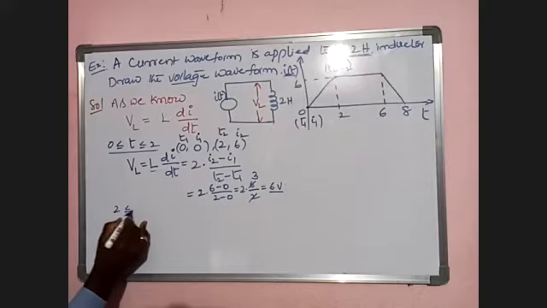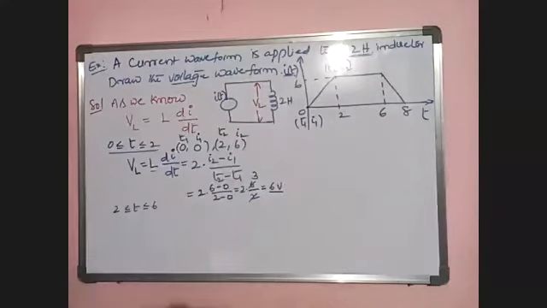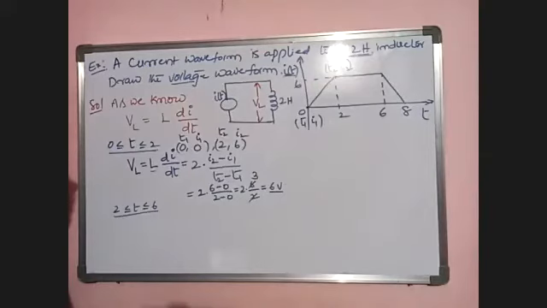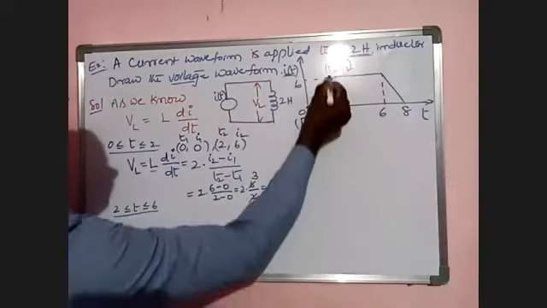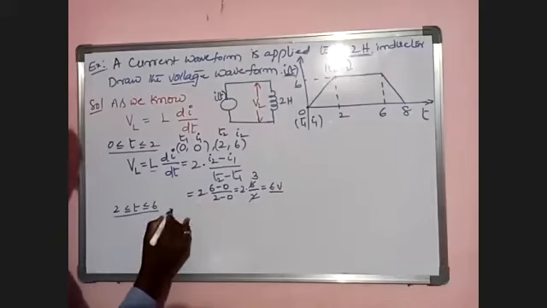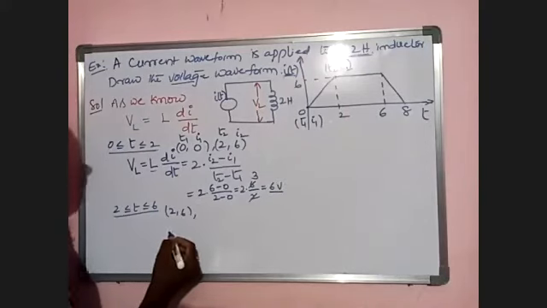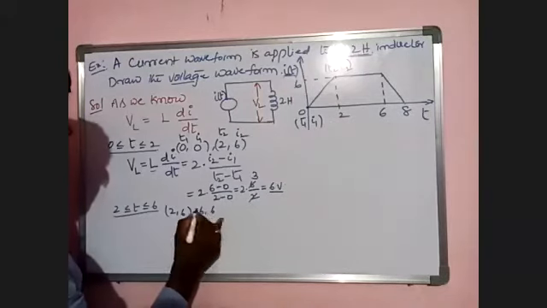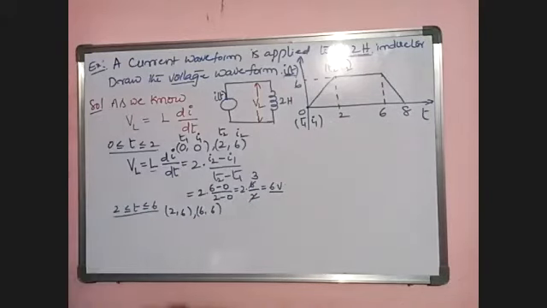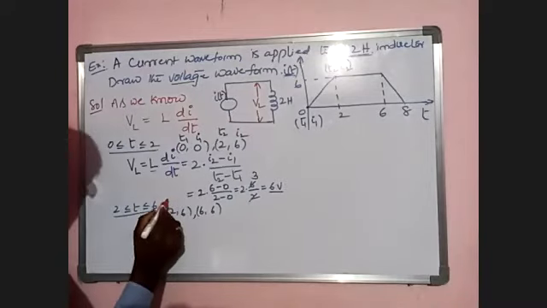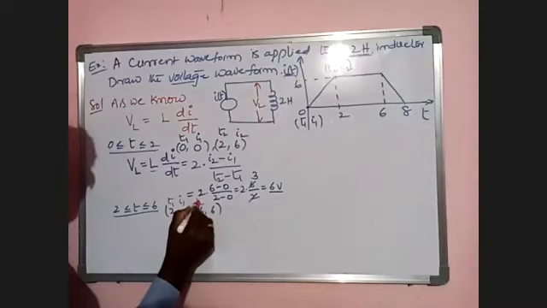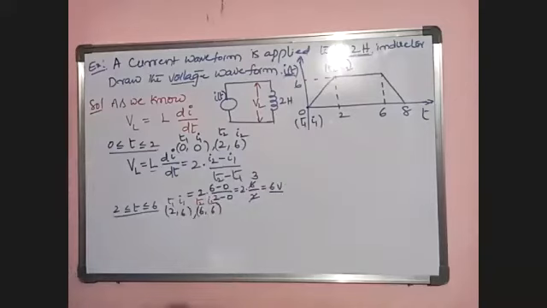Now come to 2 to 6. 2 less than or equal to t, less than or equal to 6. Here the two points are 2, 6 and 6, 6. Again T1, I1, T2, I2.